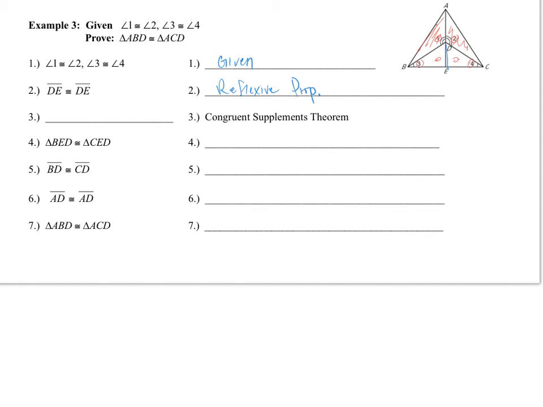And since angle 1 and angle 2 are congruent, and I need to prove these two angles congruent, and since these two pairs are supplementary, and these two angles are congruent to two congruent angles, then by the congruent supplements theorem, we can state that this angle and this angle are congruent.